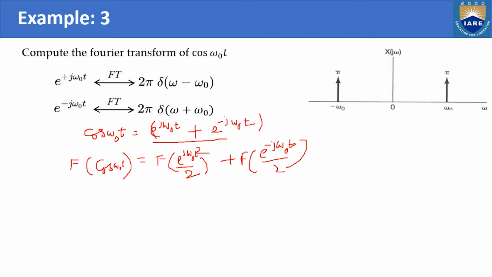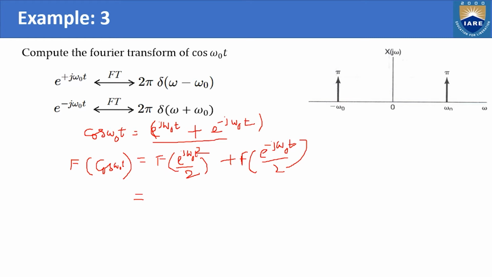Now what is this equal to? If you see from this, e to the power of plus j omega naught t, this is the Fourier transform. What is this Fourier transform?